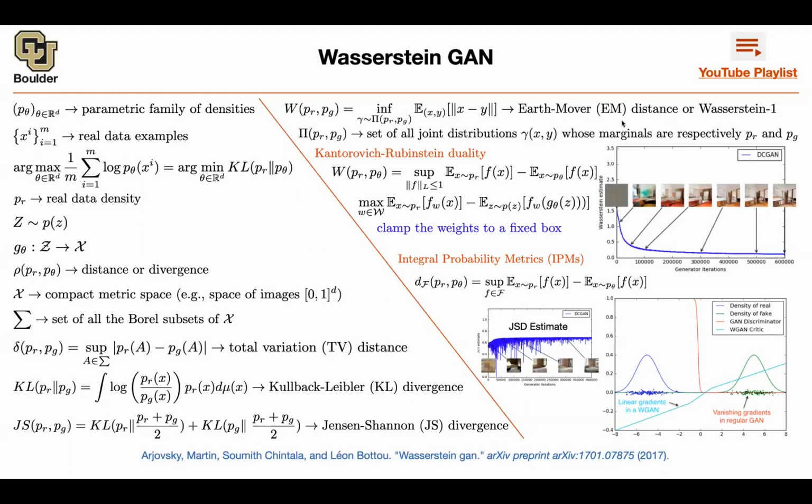If you use Wasserstein distance, the same principle applies: computing KL divergence was not practical, computing Jensen-Shannon divergence was not practical because you don't know the functional form of your distribution. In a similar fashion, computing the Earth mover distance is not practical. But what is practical is using a theorem that gives you an objective function to work with.